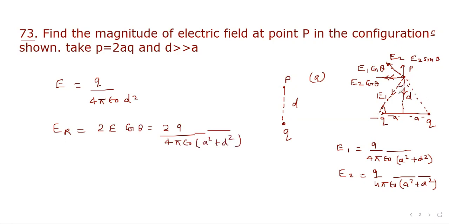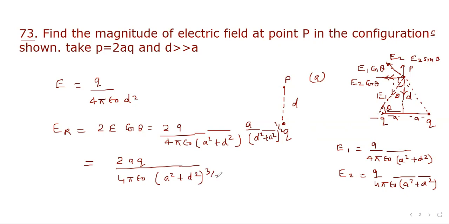If this angle is theta, we are taking this angle theta. So cos theta will be base upon hypotenuse. Base is a and hypotenuse is (d square plus a square) to the power half. Now this will become 2aQ divided by 4 pi epsilon naught (a square plus d square) whole power 3 by 2.